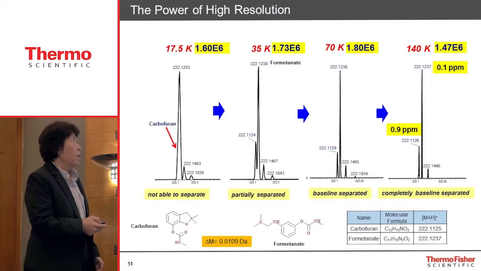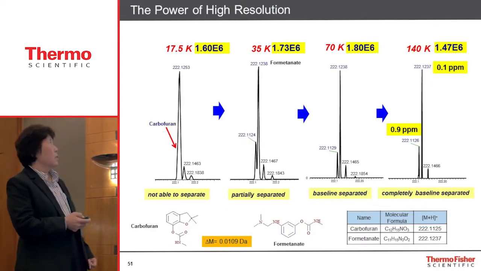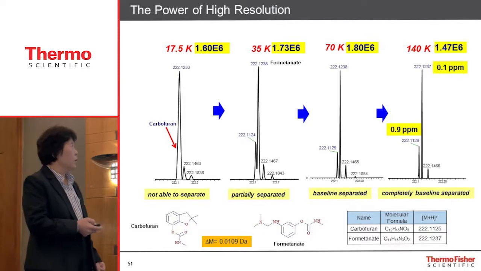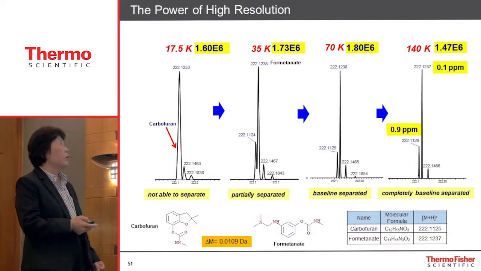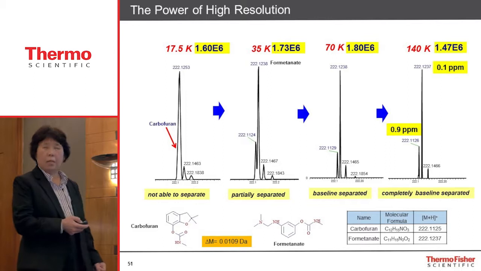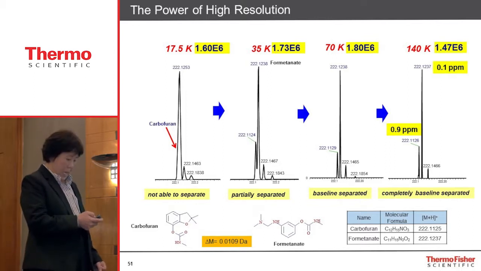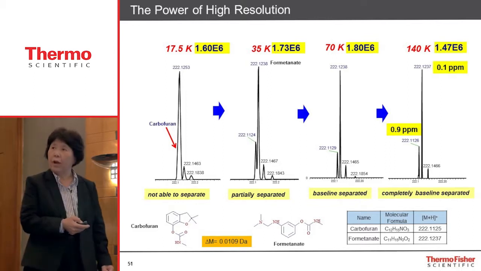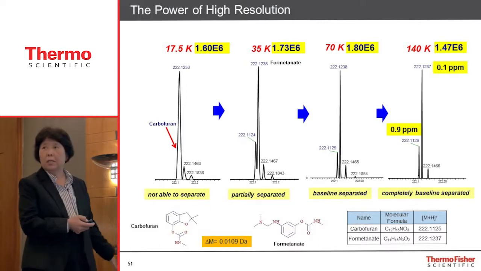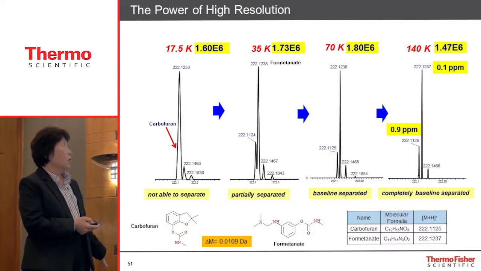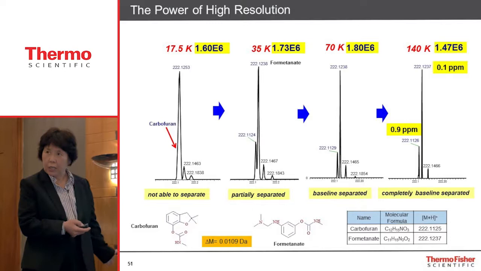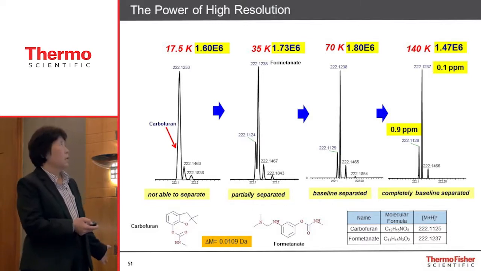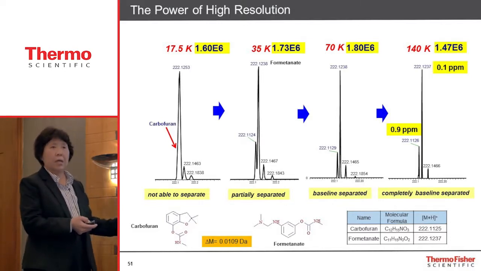So this is just a simple example: a mixture of two small molecule compounds at about a 1:3 ratio. At 17.5 K, we can't separate them. At 35 K, we can partially separate. At 70 K, baseline separated.